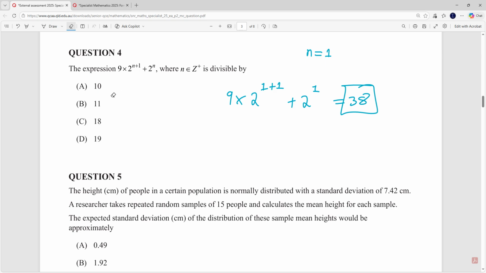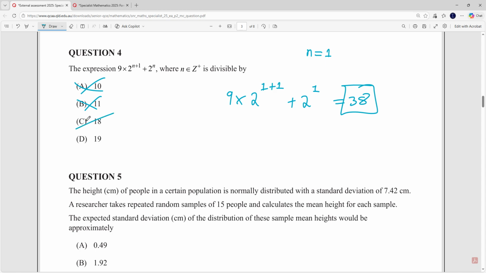So 38 divided by 10 gives you 3.8, which isn't a whole number, so that doesn't work. What about 11? 38 divided by 11 doesn't work either. 38 divided by 18 doesn't work either. But what about 38 divided by 19? That gives you 2 exactly.